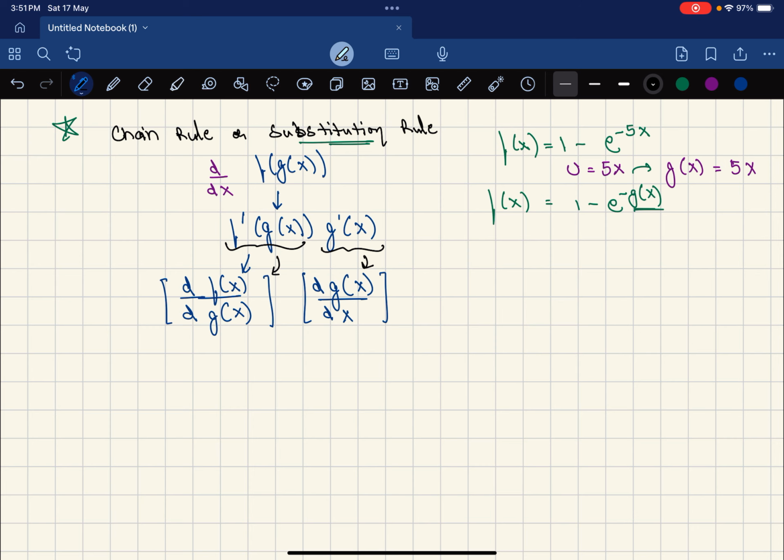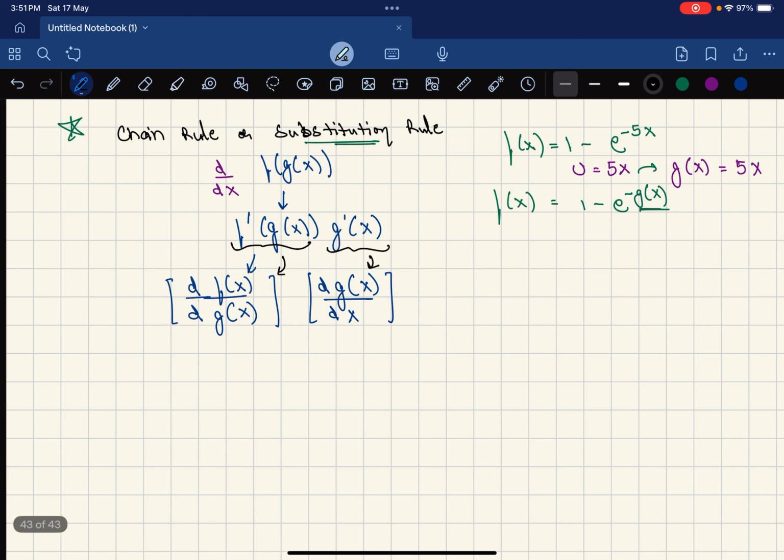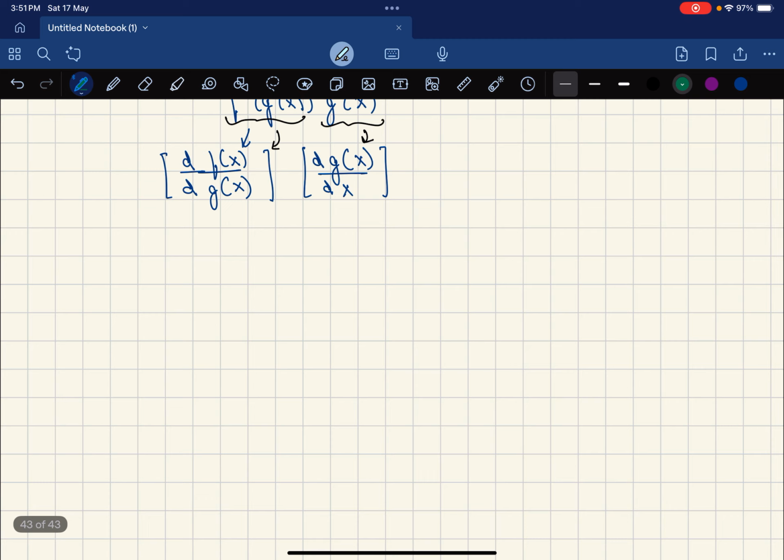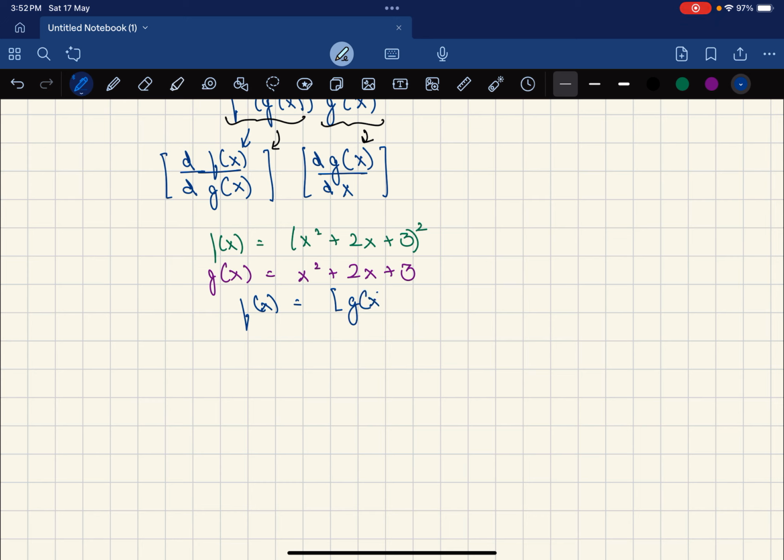Now a very simple example of this which we'll be using here could be, let us say we have to find the derivative of f(x) equals (x square plus 2x plus 3) whole square. Now let us say we define g(x) as x square plus 2x plus 3. Then we know f(x) could be written as g(x) whole square.